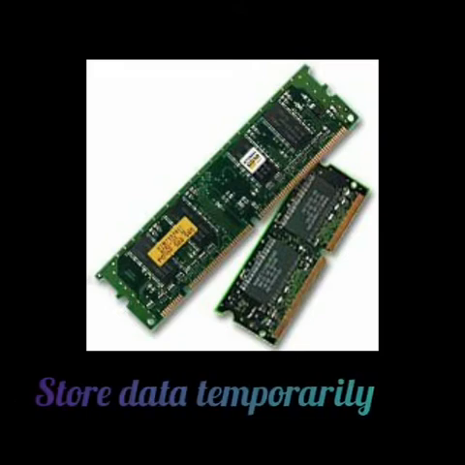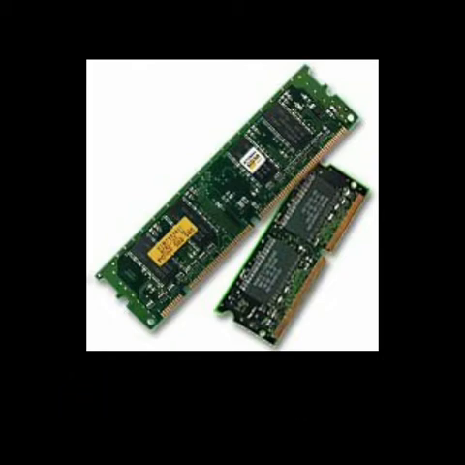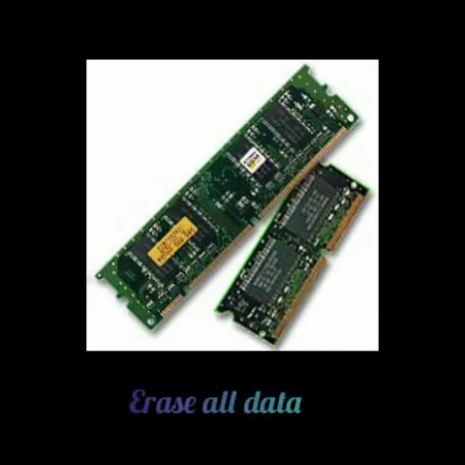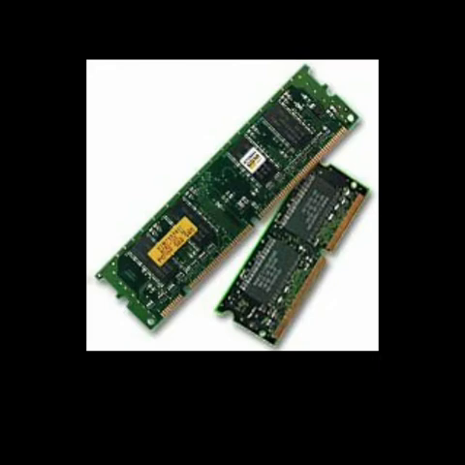RAM chips store data temporarily, which means it will remember information that you input as data till the computer is on. It erases all data once the computer is switched off. It is usually available in modules of 64 MB, 256 MB, 2 GB, 4 GB storage capacity.